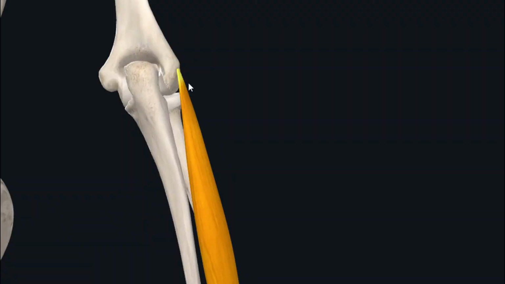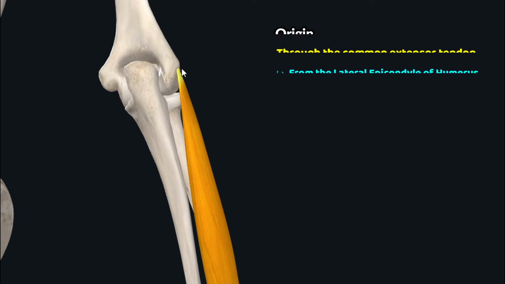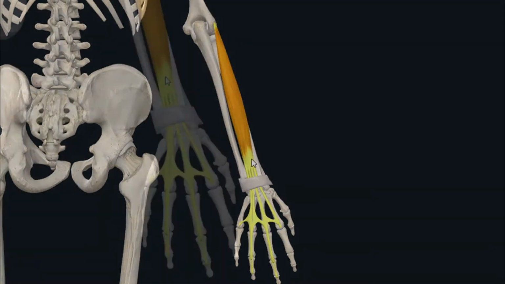Now let's move on to the second muscle of our discussion, the extensor digitorum muscle. Just like its fellow muscle, it originates through the common extensor tendon from the lateral epicondyle of the humerus. After arising, its fibers form a muscle belly which travels inferiorly towards the distal forearm.